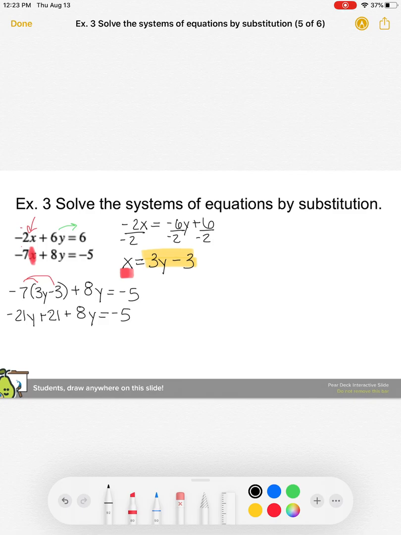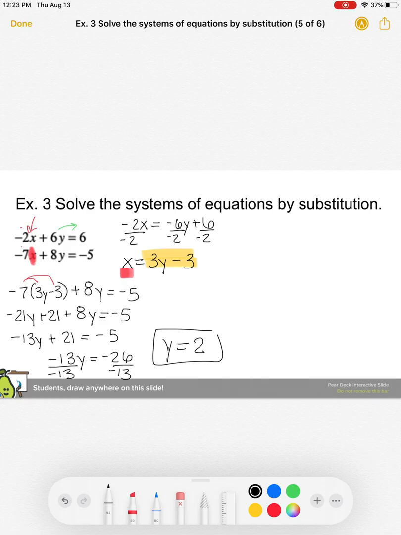Negative 21 plus 8 would give me negative 13y. Subtract the 21 to the other side, so you get negative 13y equals negative 26. Divide both sides by negative 13. Get y equals 2. Well, that worked out nicely.